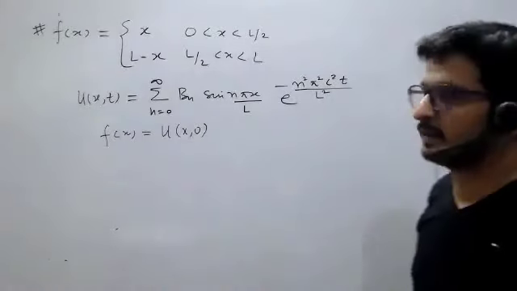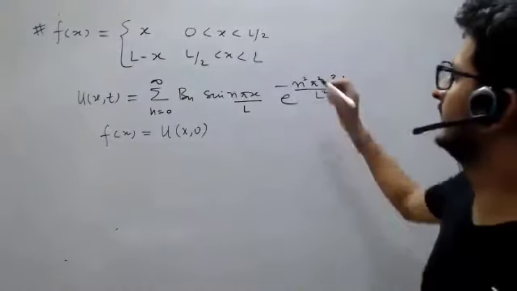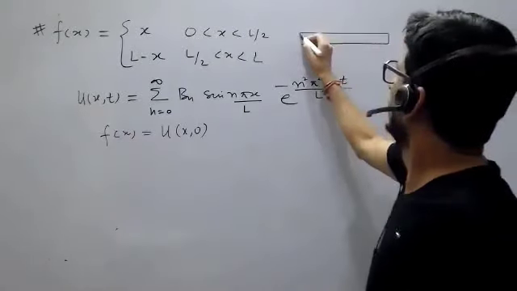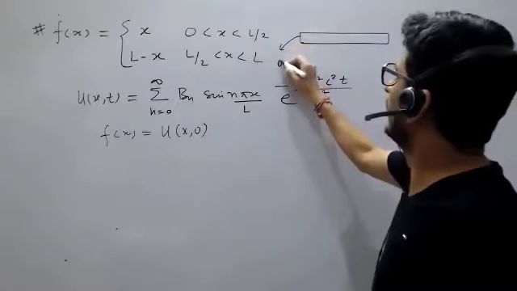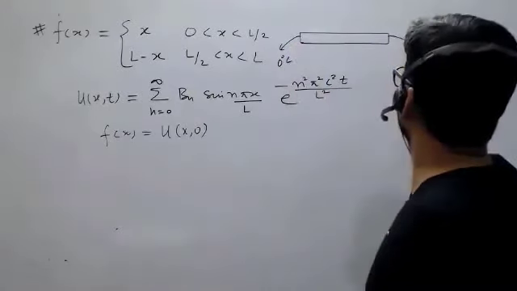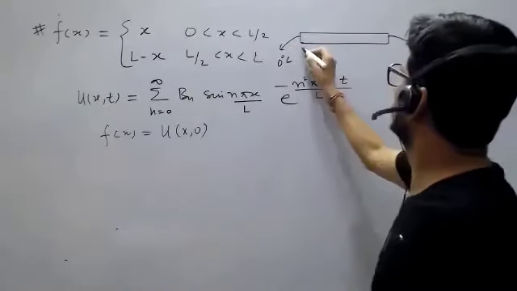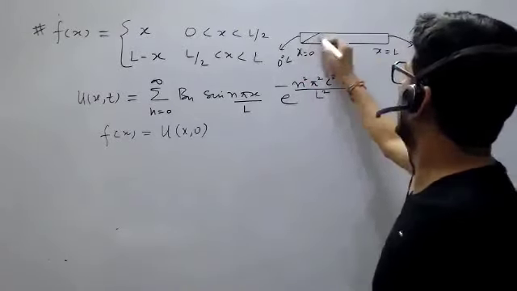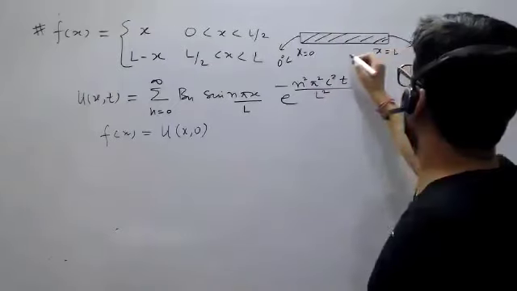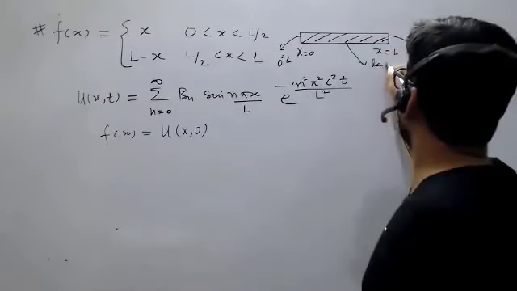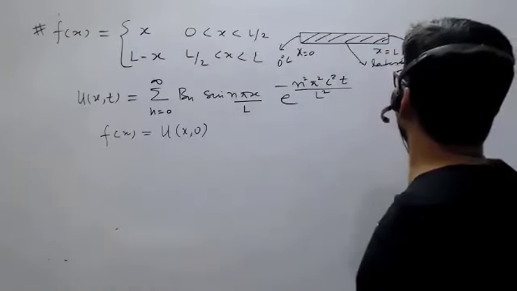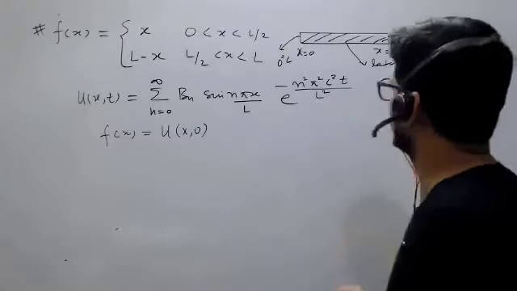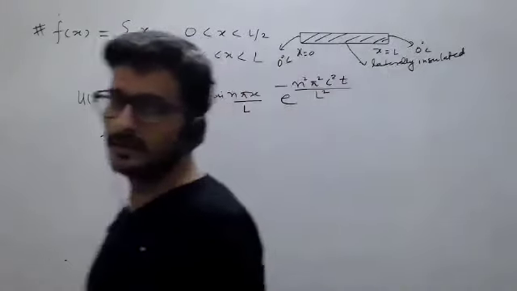Fine. So this is the same problem that I am doing, in which the ends are at 0 degrees Celsius, this is x is equal to 0, this is x is equal to L, and this rod is one dimensional and it is laterally insulated. It is laterally insulated.